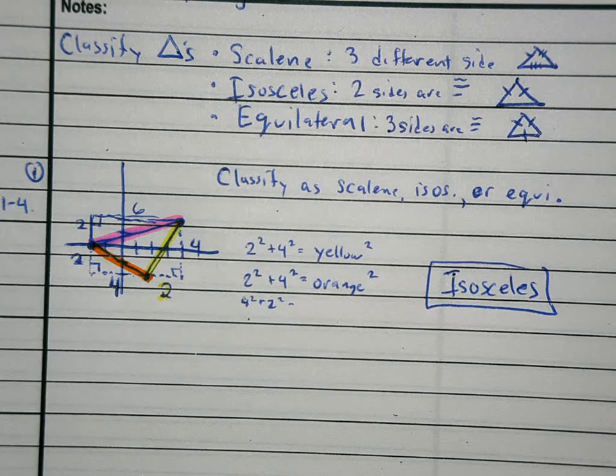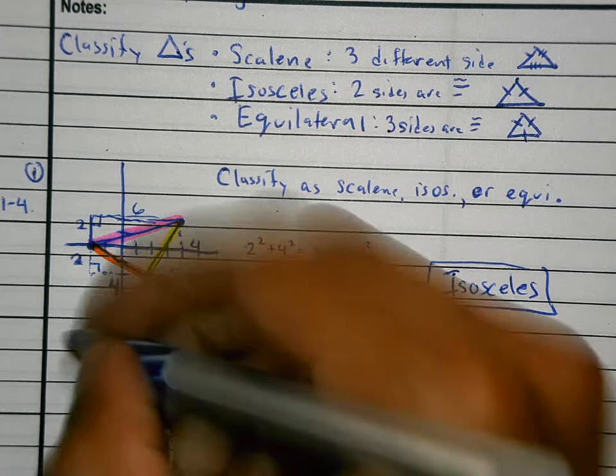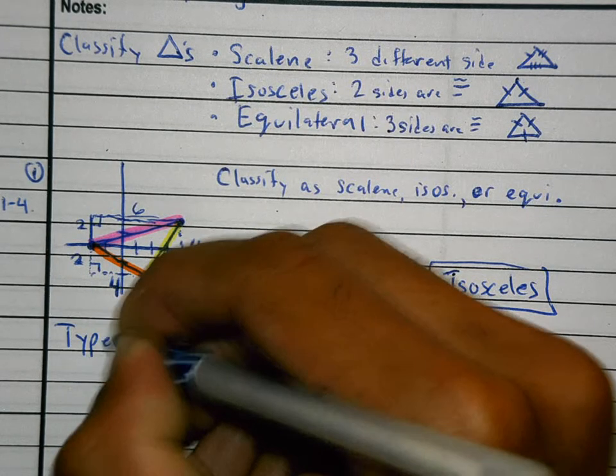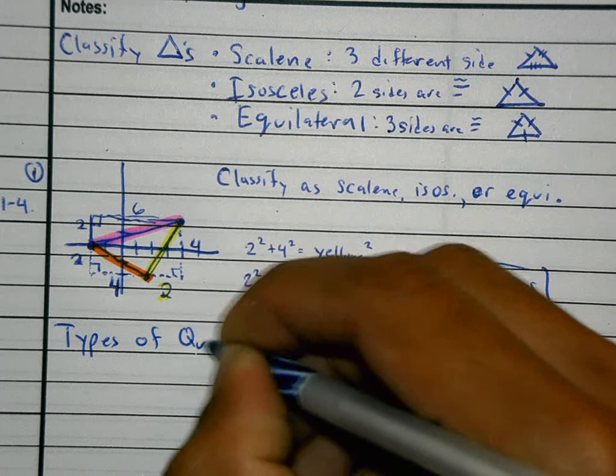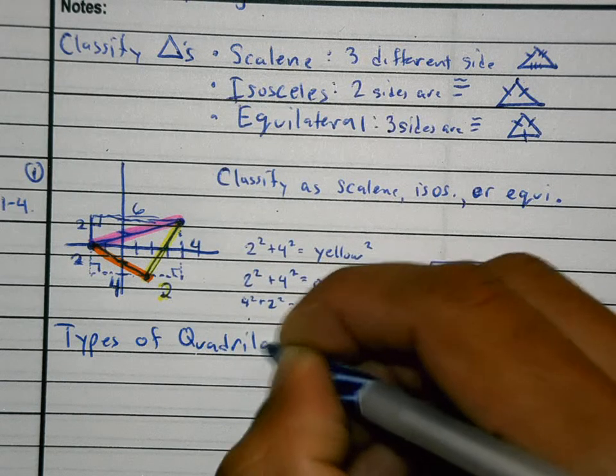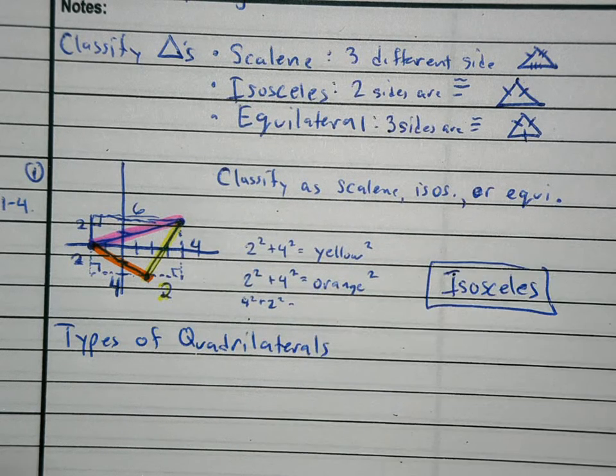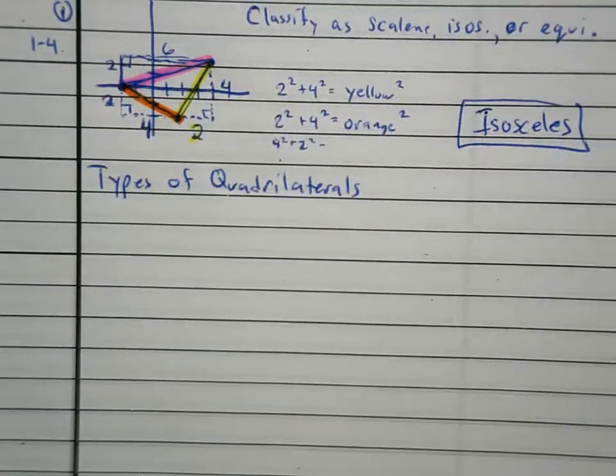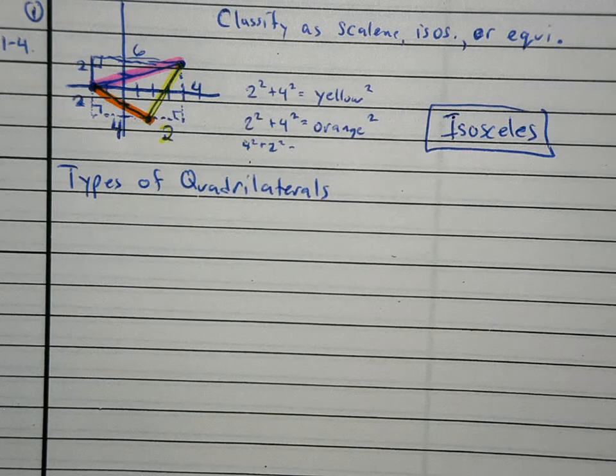Okay, that brings us to the next type of thing, the types of quadrilaterals. We have this whole gigantic flow chart for you for quadrilaterals that is on the backside of your check sheets.